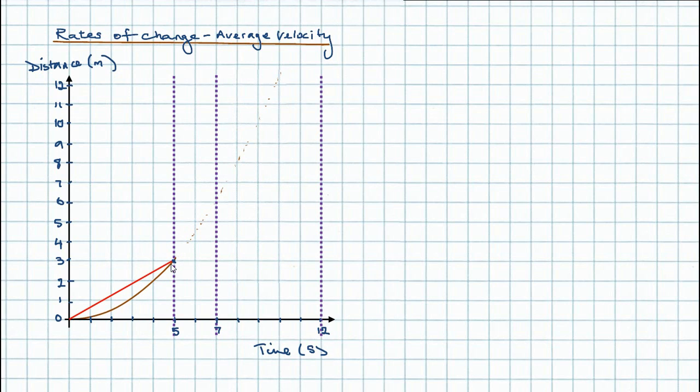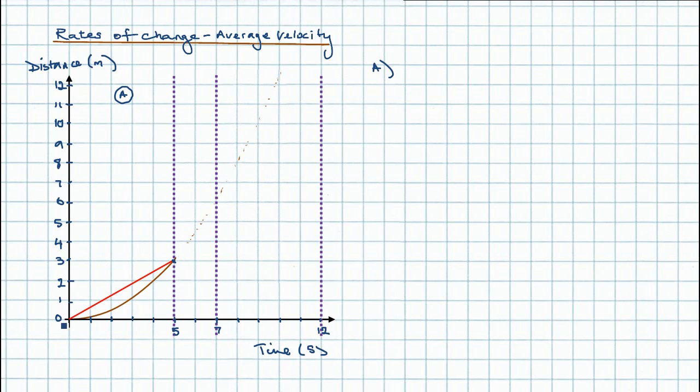Okay, so now I'm ready to measure my average velocity for this part of the journey. So let's call this A. So at A, our average velocity is going to be the rise over run of this straight line.